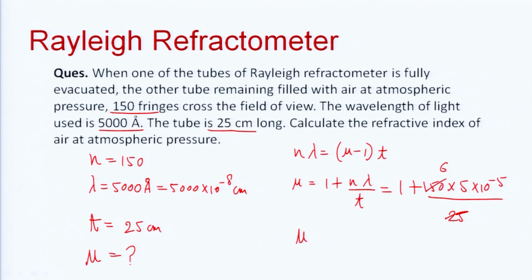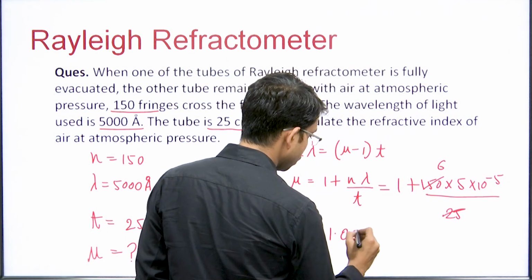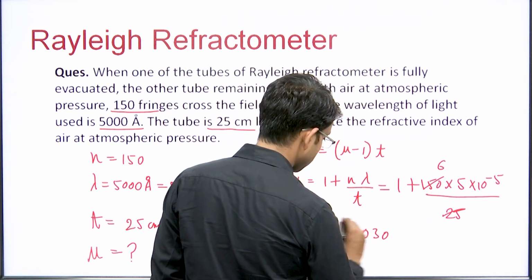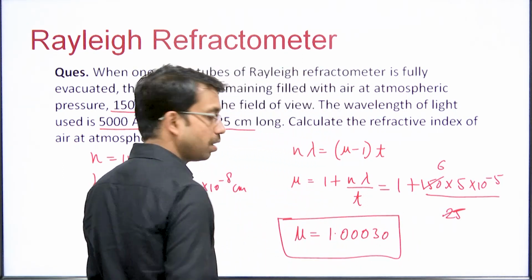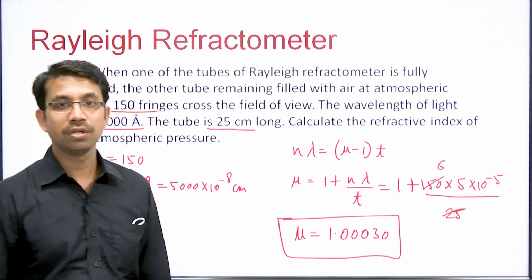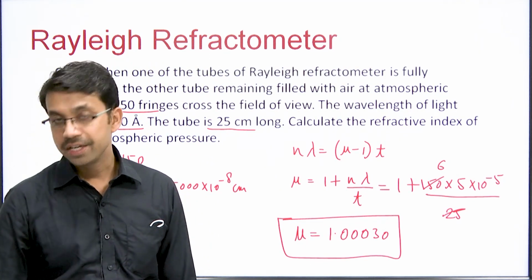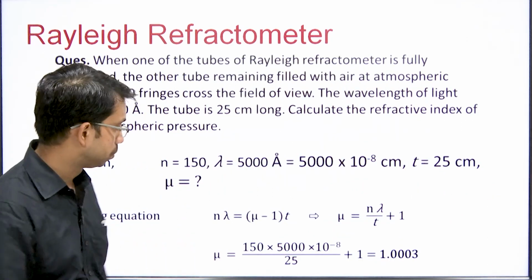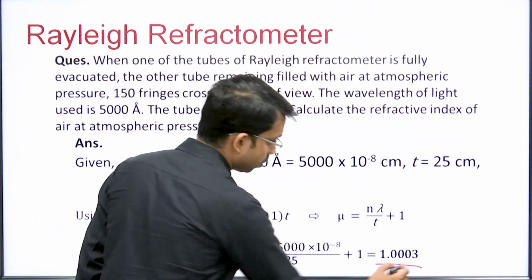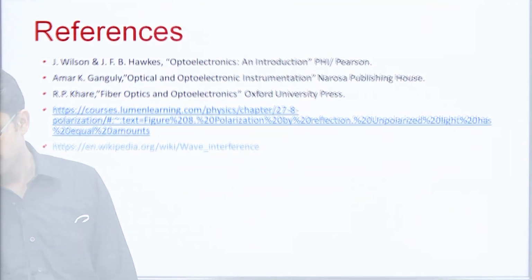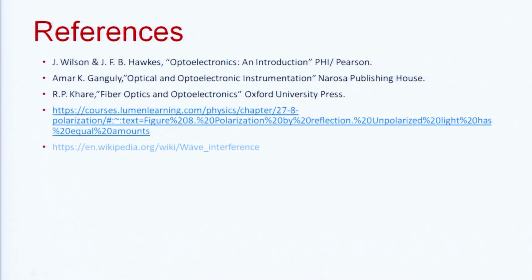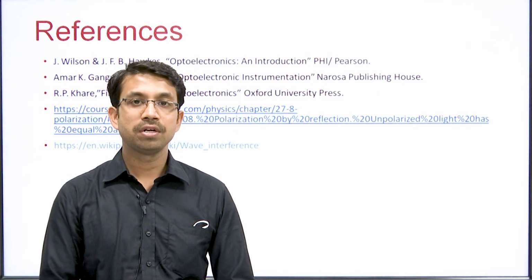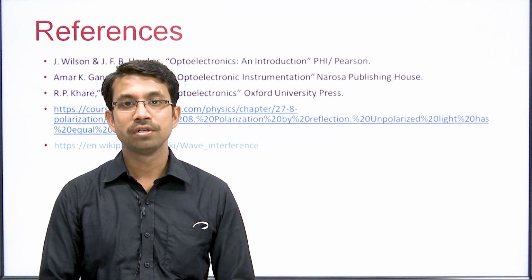So, mu is equal to 1.00030. So, this is the refractive index of air that is calculated using Rayleigh's refractometer. Okay. So, this is the solution. So, this was all about Michelson interferometer, Rayleigh's refractometer and Fabry-Perot interferometer. Thank you.